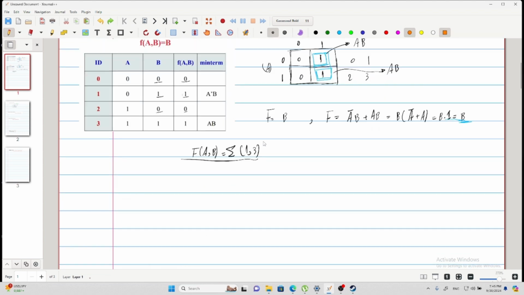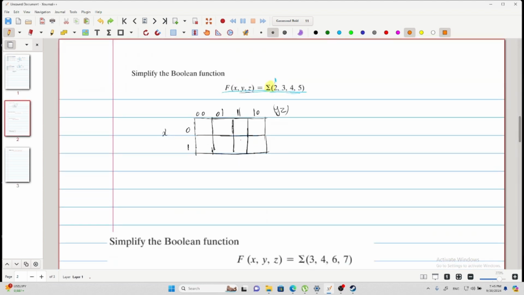One property of the K-map is that for two adjacent cells, m of 0 and m of 1, when you are grouping them together, there must be at least one variable that is constant along the rows and the columns.